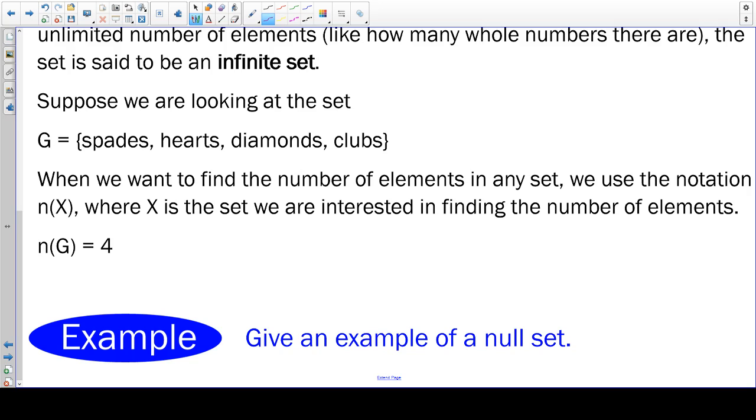When we want to know the number of elements in any set, we use the notation n bracket x, which basically means x is a set, and we want to know how many elements are in the set. So if we define this as the set G, n(G) is the number of elements in set G. Well, there's 1, 2, 3, 4 elements. So the answer is 4.